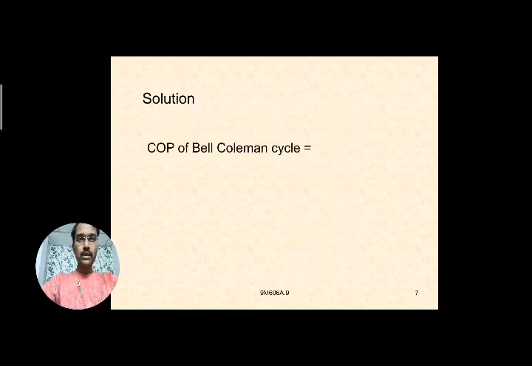If you substitute that, the COP of the Bell-Coleman cycle can be written as 1 by 5 whole to the power of, with gamma 1.4, 1.4 minus 1 means 0.4 by 1.4, minus 1. The value of the COP of the Bell-Coleman cycle we can find very easily, and the value is 1.72.